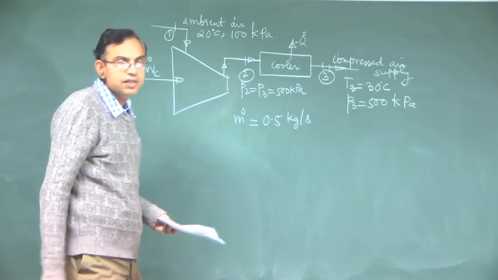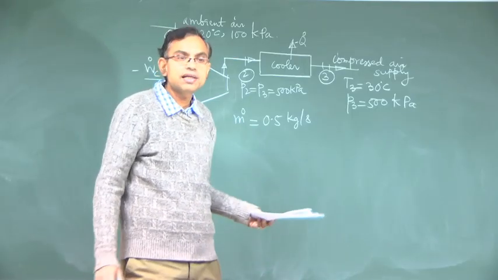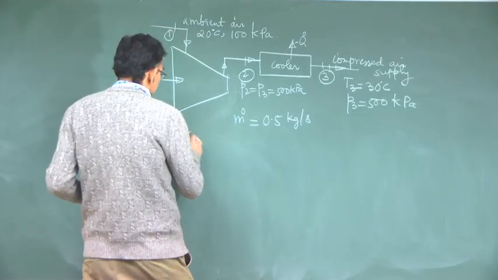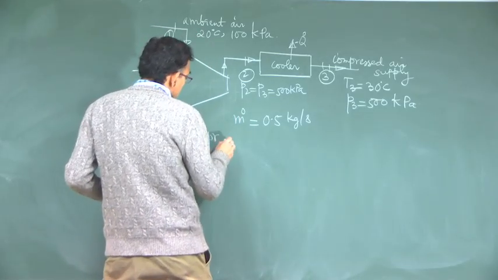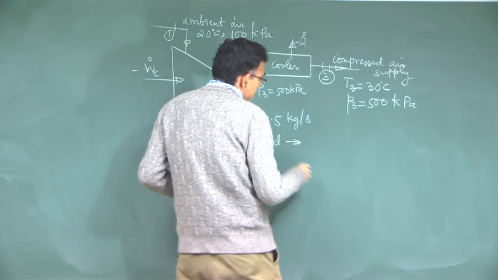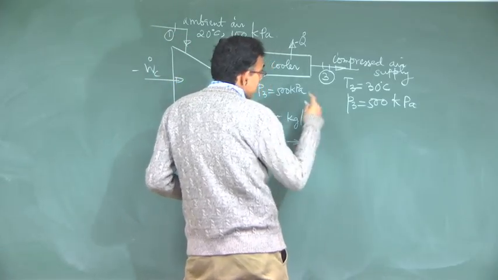Normally compressors are well approximated as adiabatic devices. So, for the compressor it is reversible plus adiabatic, and it is an air compressor.